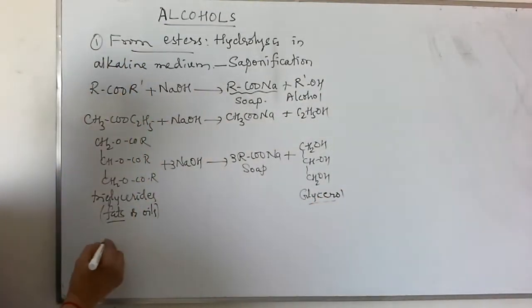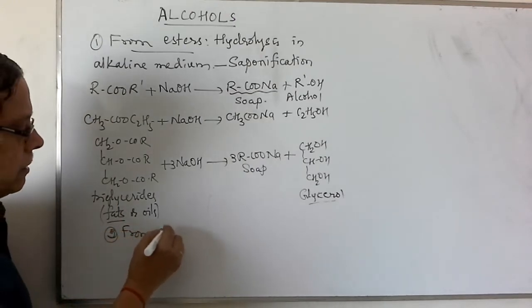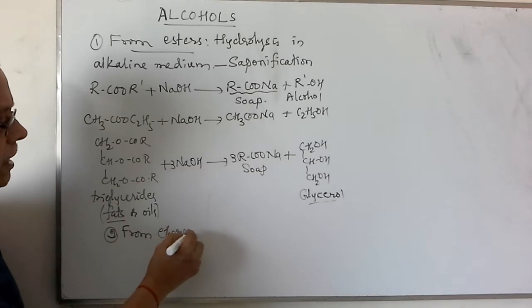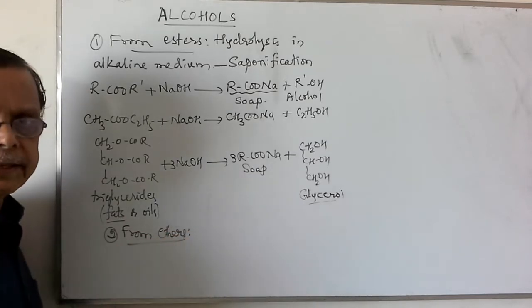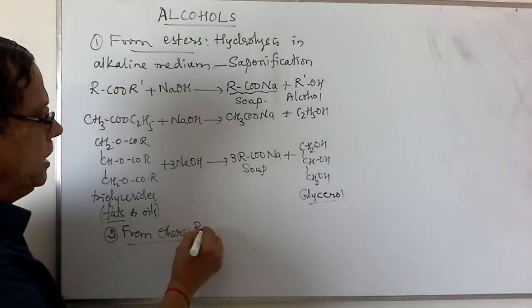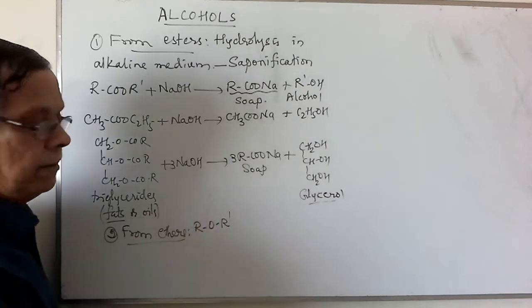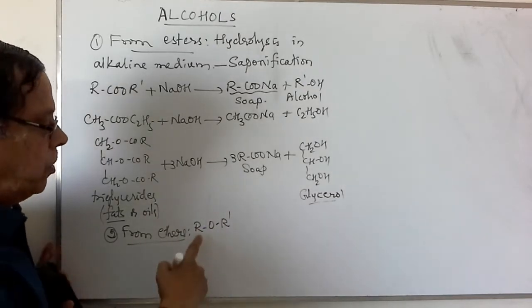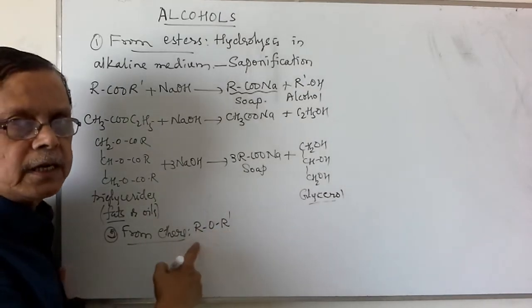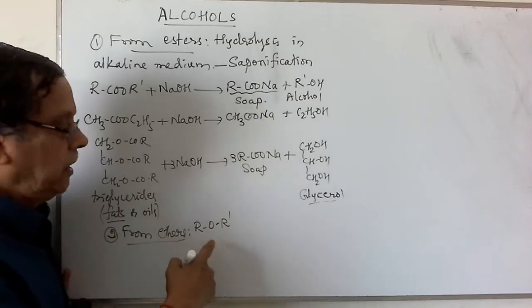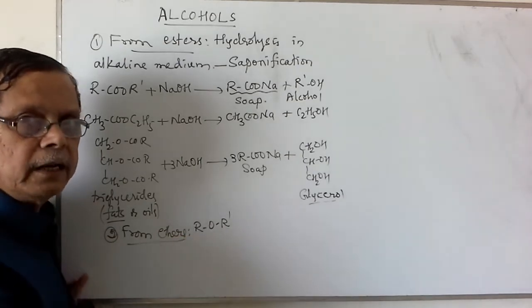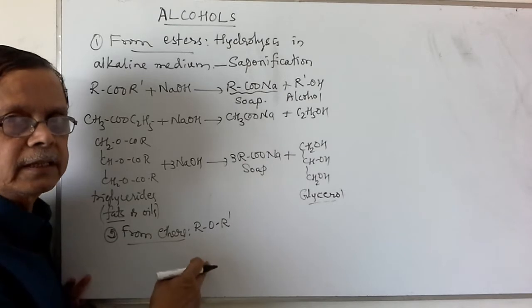The next method is from ethers. Ethers are alkoxy alkanes. When we have an ether like ROR', if both R and R' are similar groups, it is called a simple ether. If R and R' are different alkyl groups, then it is called a mixed ether.